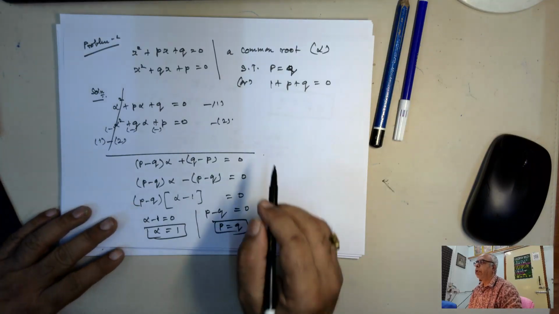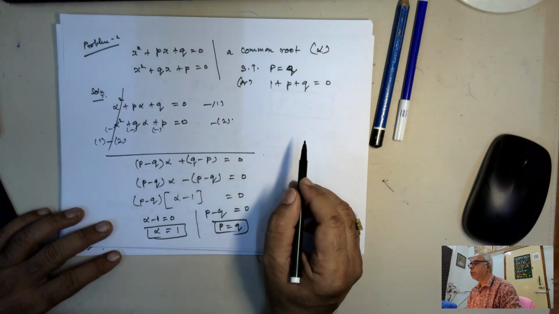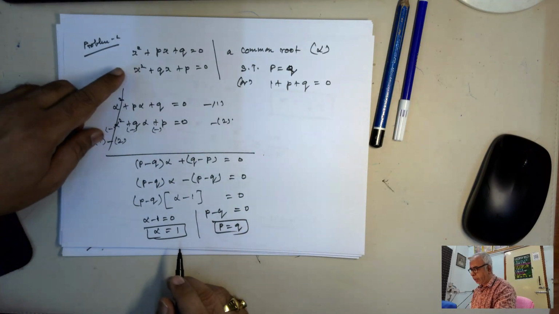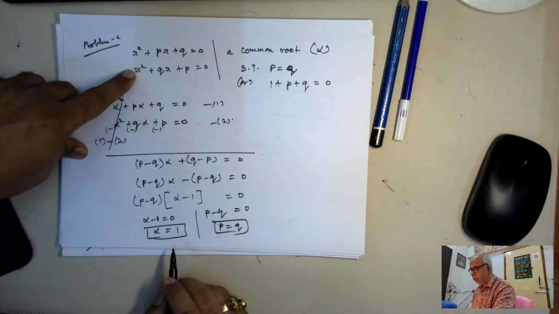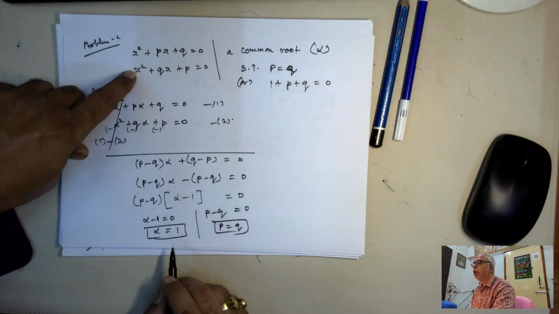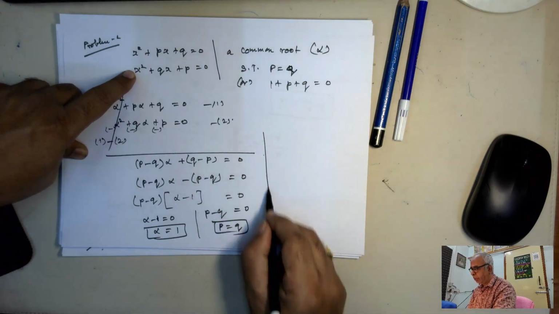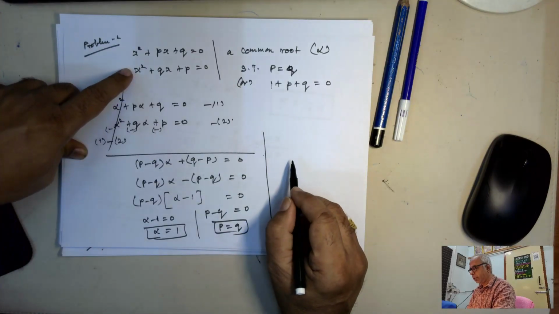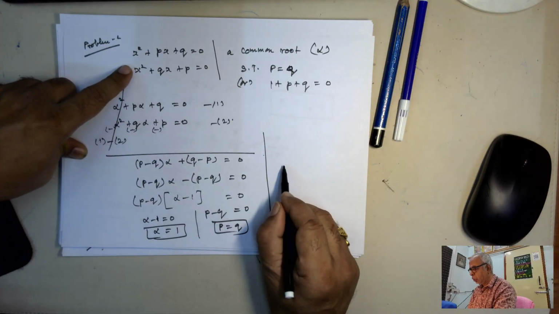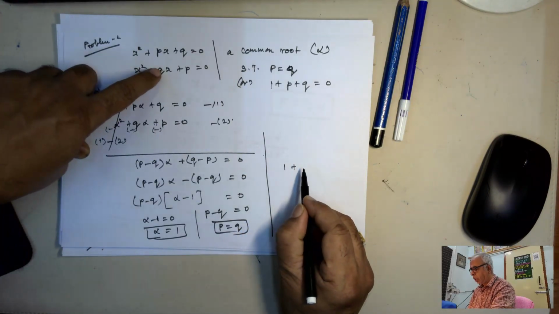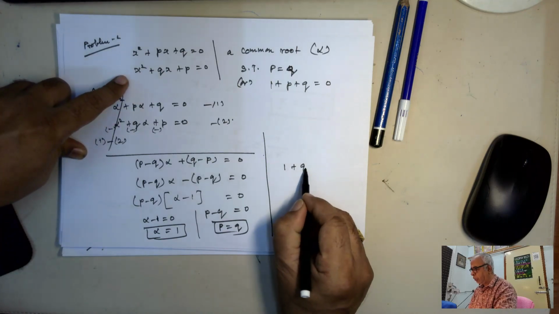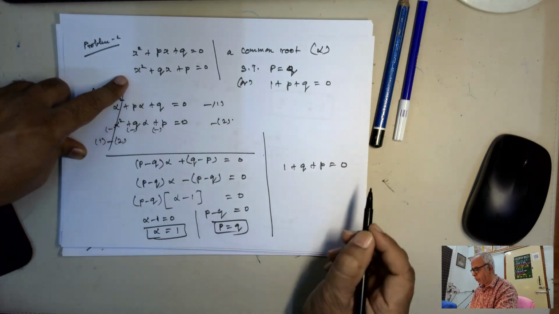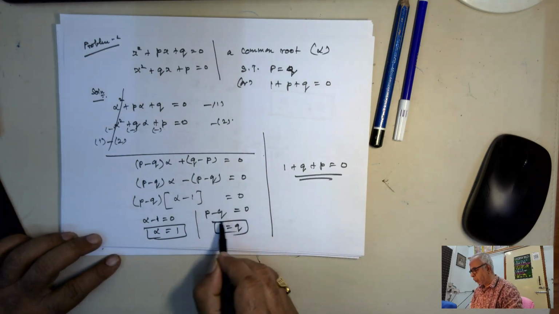Now we can substitute in either equation. When alpha is equal to 1, it means 1 plus p plus q is equal to 0. So 1 plus alpha is 1 already, so q plus p is equal to 0. So we have shown both.